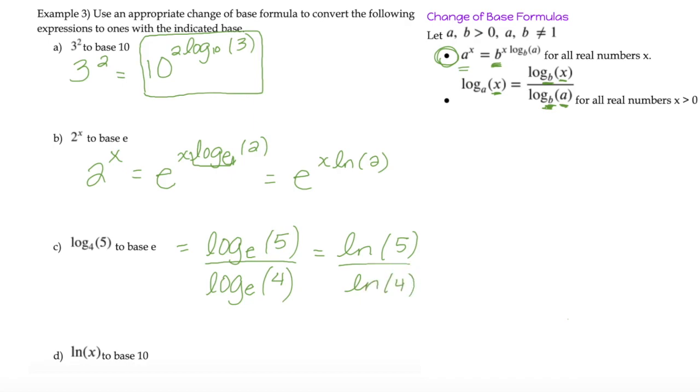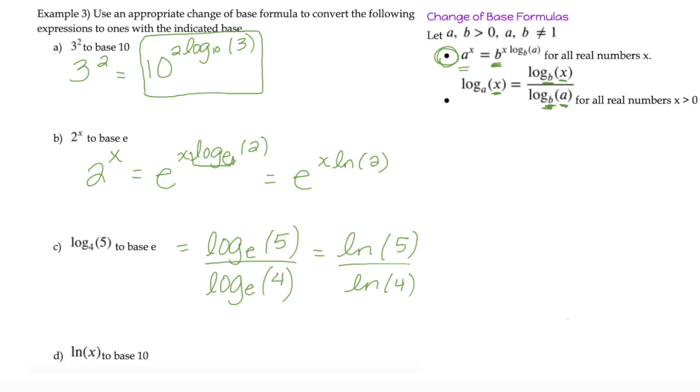This is in its exact form. If you were to find whatever log base 4 of 5 is using the calculator, which would be an ugly decimal, and then you went and did the natural log of 5 over the natural log of 4 on your calculator, it would also be an ugly decimal, but at least you would be able to see that they are the same ugly decimals together.